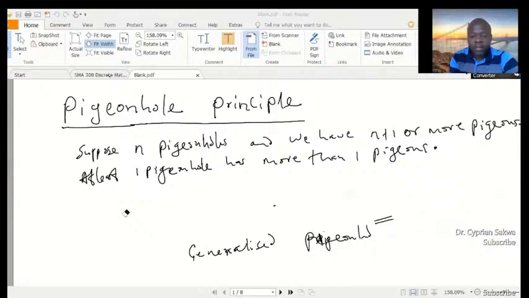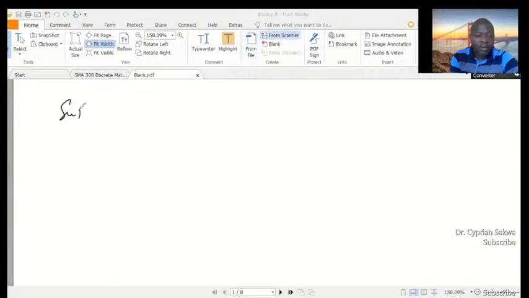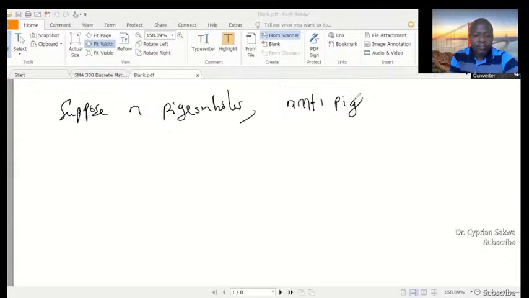So here, in the generalized pigeonhole principle, let's assume that we have n pigeonholes, and we want them to be occupied by n times m plus 1, that is, mn plus 1 or more pigeons.